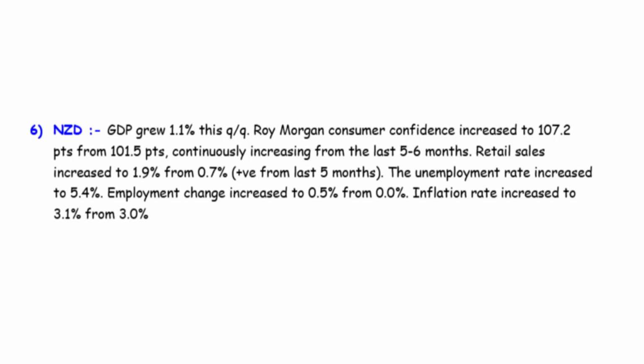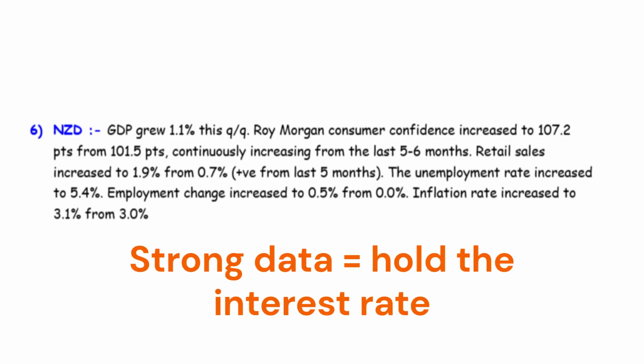The unemployment rate increased to 5.4%. Employment change increased to 0.5% from 0.0%. Inflation rate increased to 3.1% from 3.0%. Here, when we compare the data, NZD Central Bank, meaning New Zealand Central Bank, will also hold rate to maintain the economic growth.